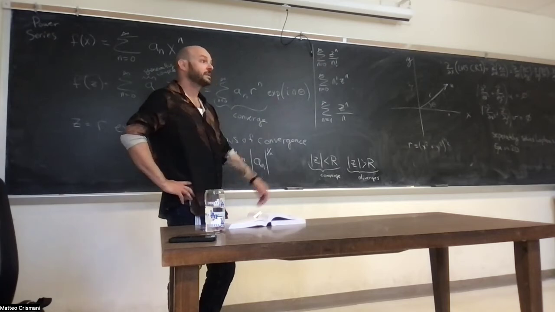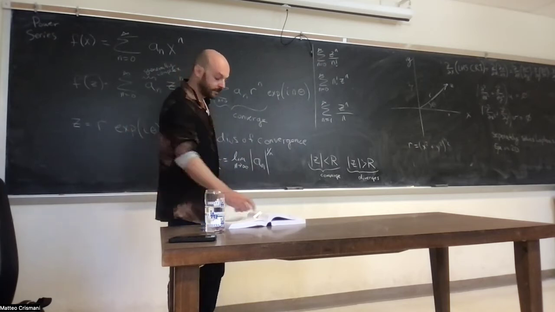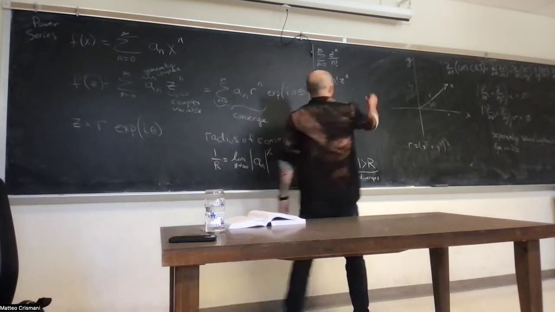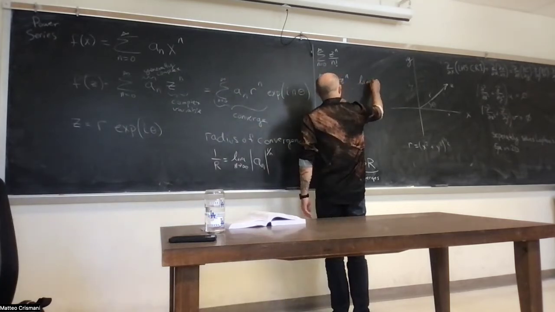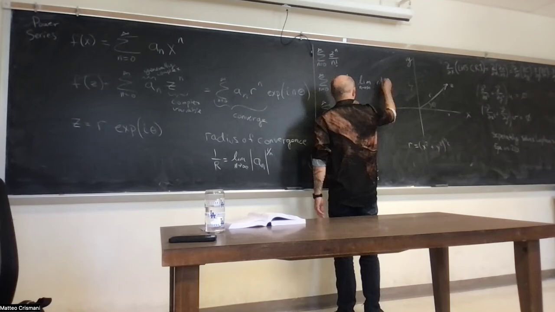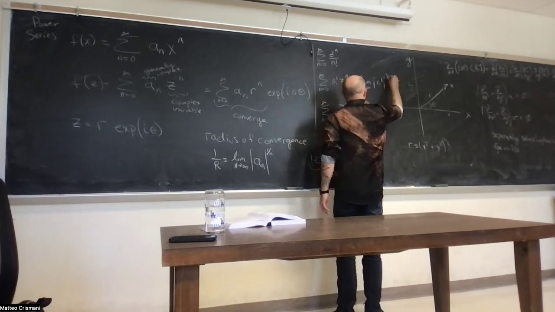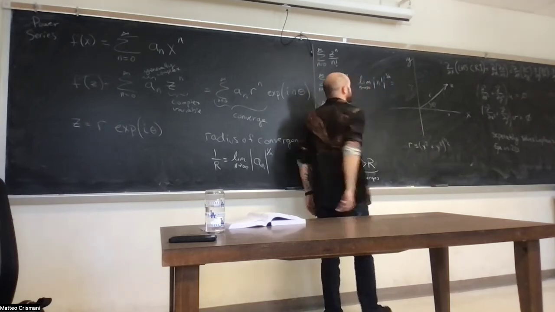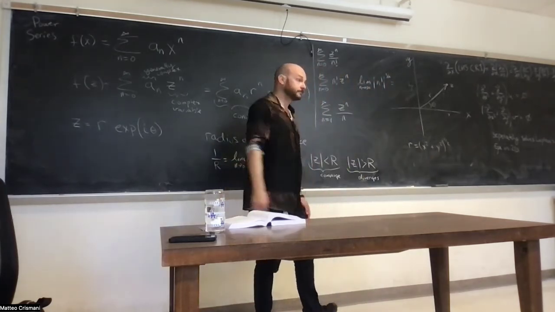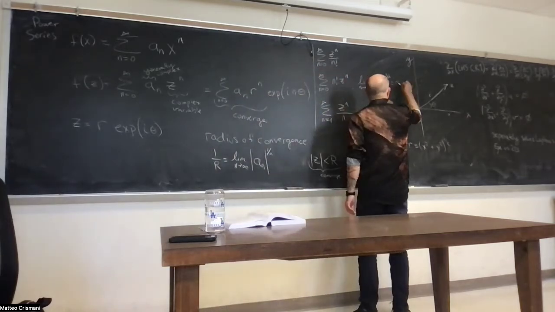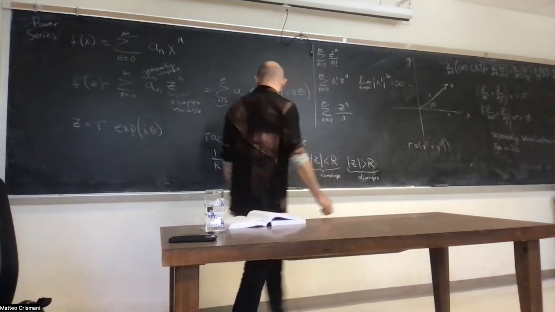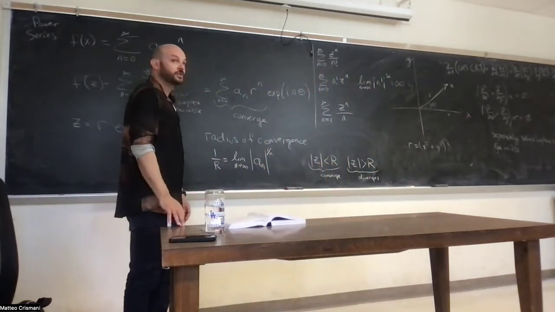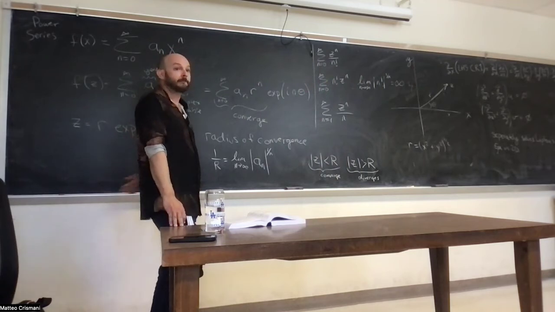Okay, let's try that again. Here's the first question. The limit as n goes to infinity of n factorial to the 1 over n is infinity. Solidly so, right? So what's your radius of convergence?